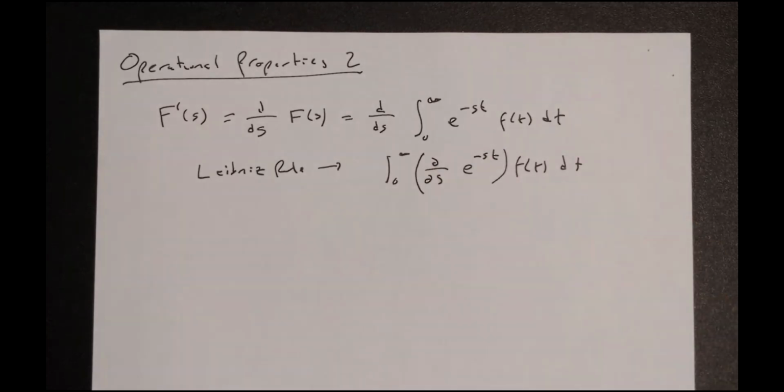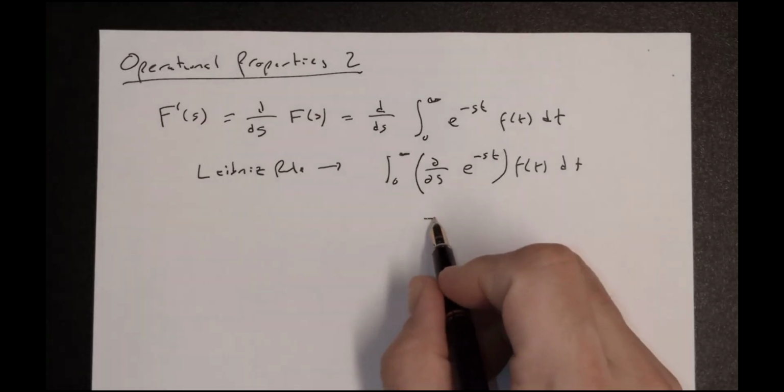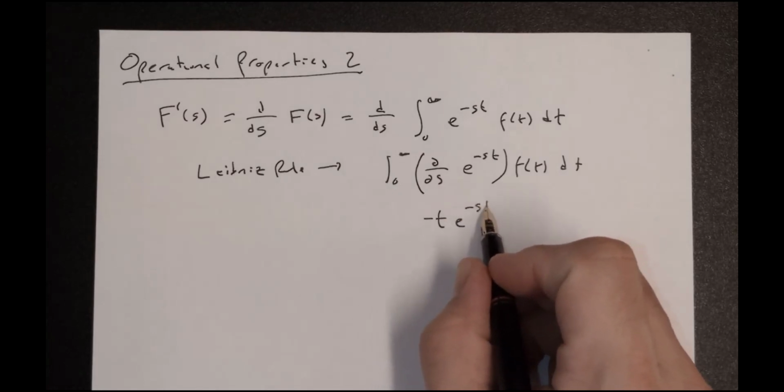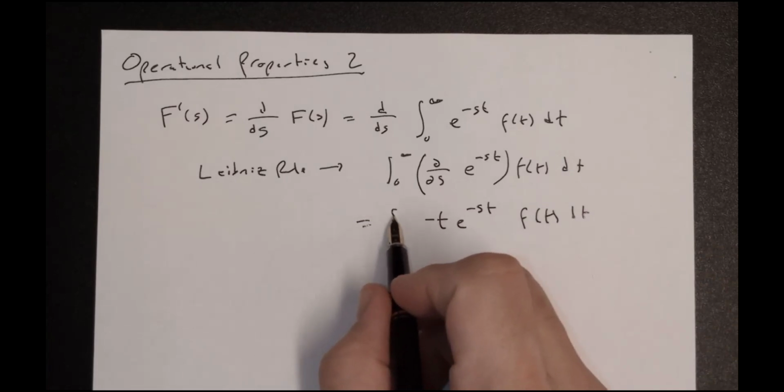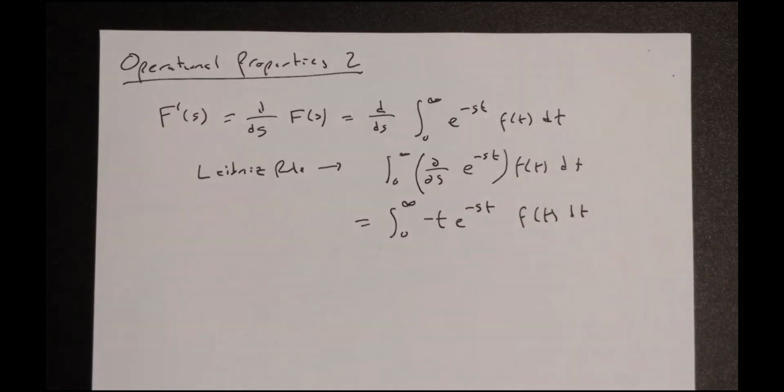Because it's chain rule, e to the stuff and then the derivative of the stuff, but I'm only doing the derivative in s, so the minus t is a constant.